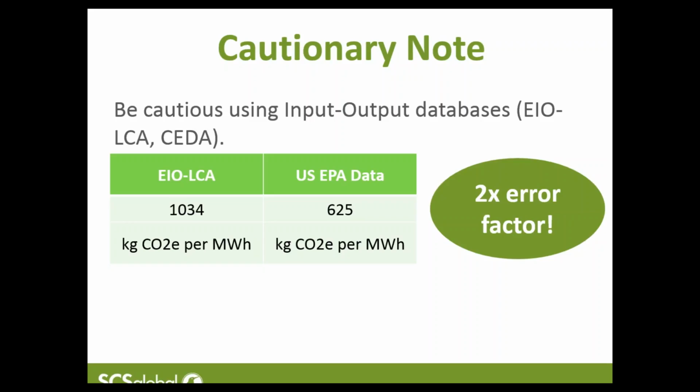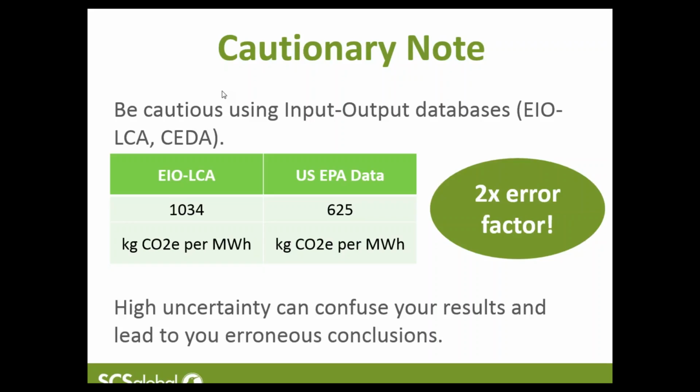So in this case, there is a 2 times error factor between the EIO data and the specific data. So clearly there can be a lot of uncertainty associated with this EIO data. This can lead to confusion in results, lead to erroneous conclusions, and is an issue that can be a factor for problems with the credibility of the final results.